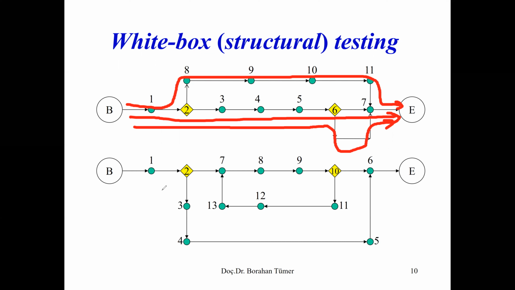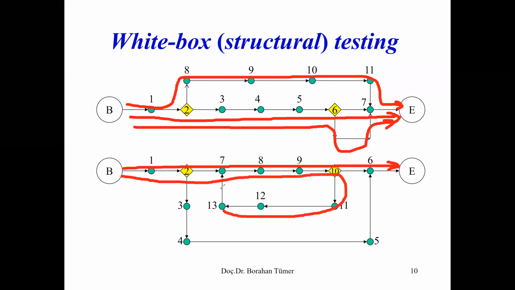Now let's see, here we have a loop. Let's see what independent paths we have here. Let's first see what paths we have here. This is a path. This is a path.